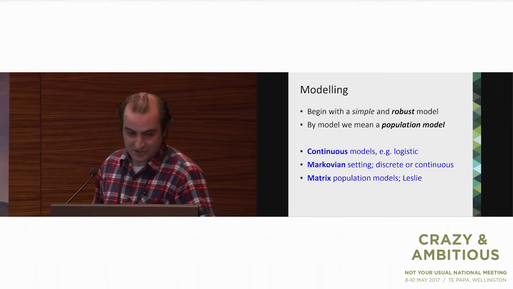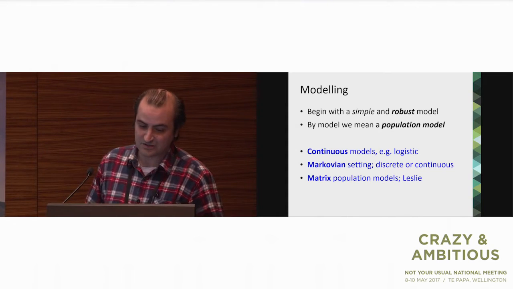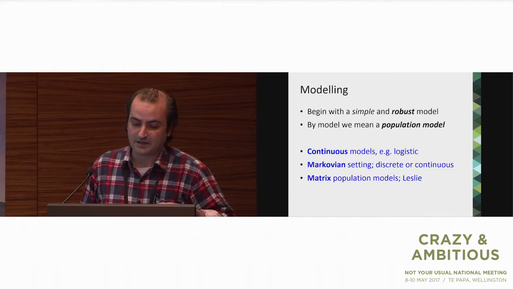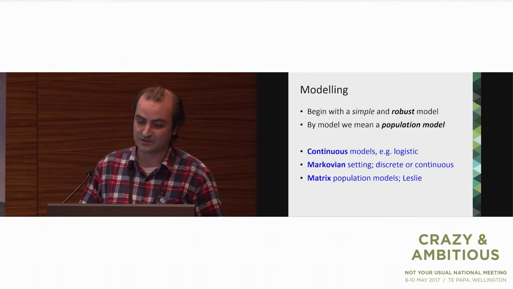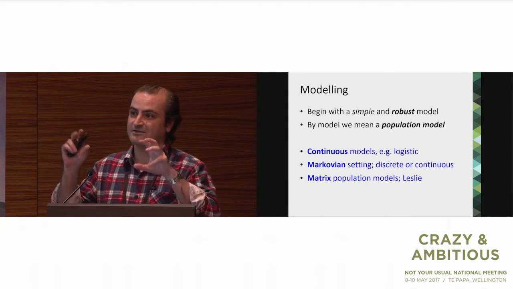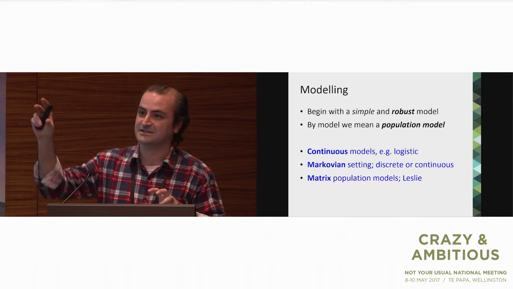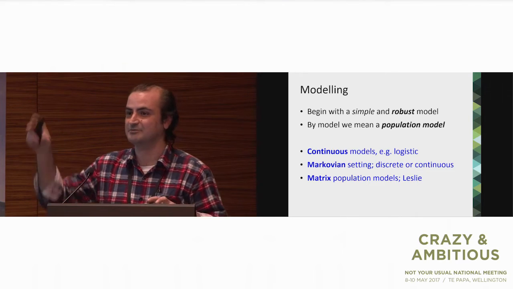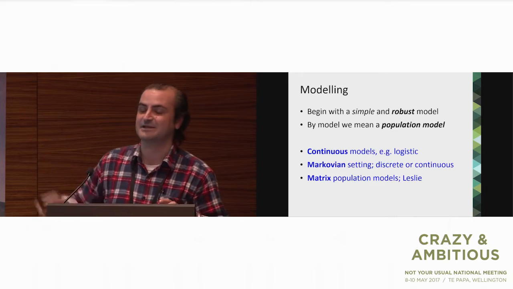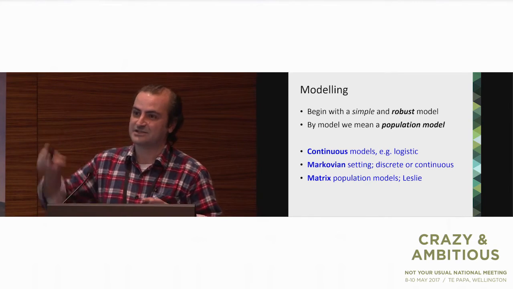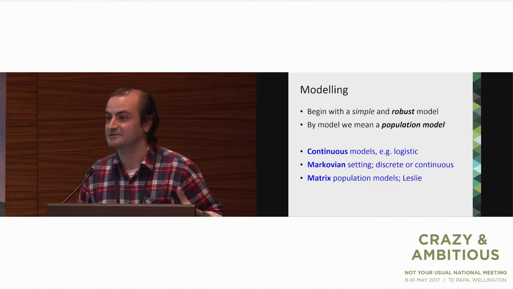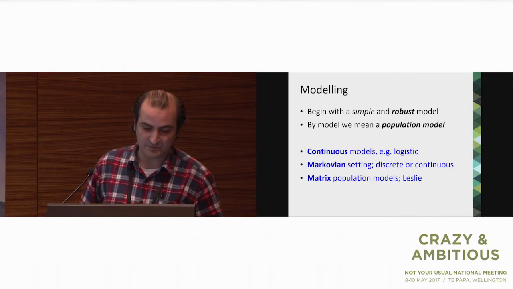Common population models you might have heard of are logistic models, or discrete or continuous Markov chain type models, where an individual in a population is at a certain state at any time and then moves to other states. The rate of transition from one state to another is determined by a rate or a probability.